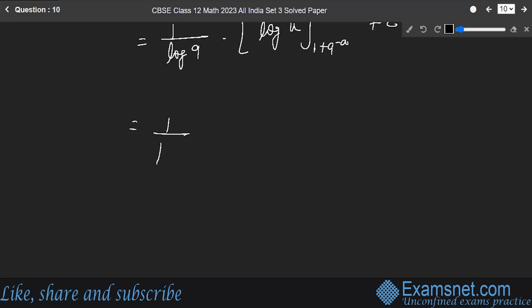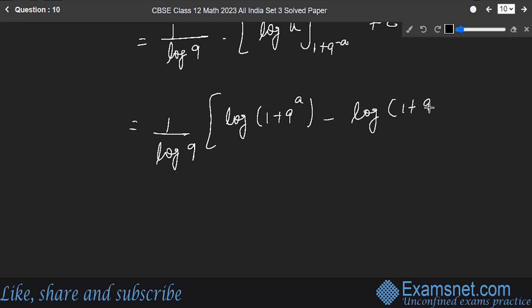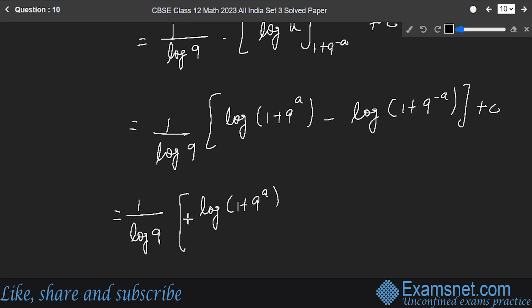This is equal to 1 upon log of 9 times log of 1 plus 9 raised to power a minus log of 1 plus 9 raised to power minus a, plus the c. So this is equal to 1 upon log 9 times log of 1 plus 9 raised to power a upon 1 plus 9 raised to power minus a, plus the constant c. So this is the answer to your B part.